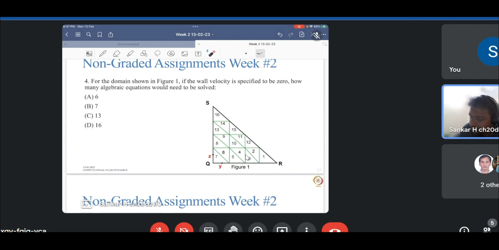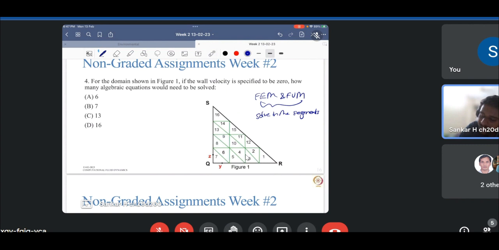Okay, so what we are doing here is we cannot use finite difference method here. So you have to use finite element or finite volume method. And for FEM and FVM, we solve in the segments rather than on the points.